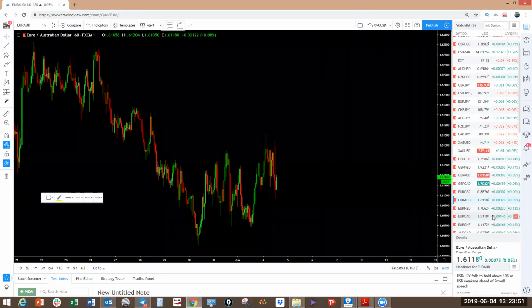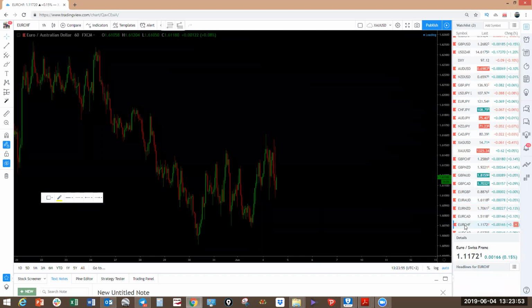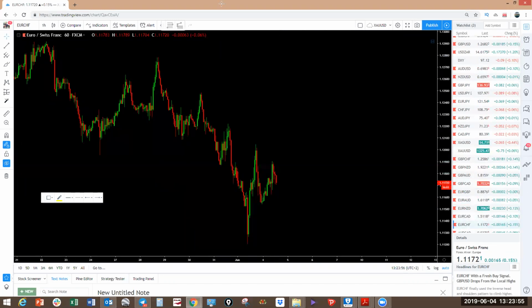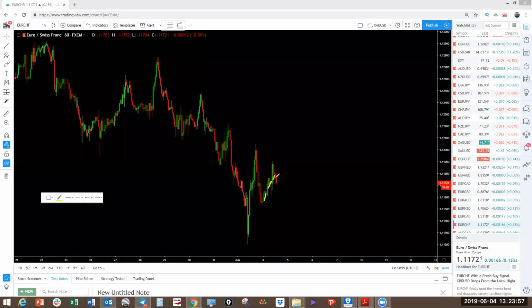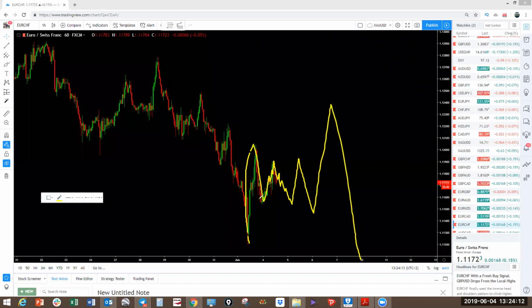Euro CHF. You've got a pulsing move, a pulsing move, a 3-wave move. This one can do that and then make a big continuation pattern to the downside.